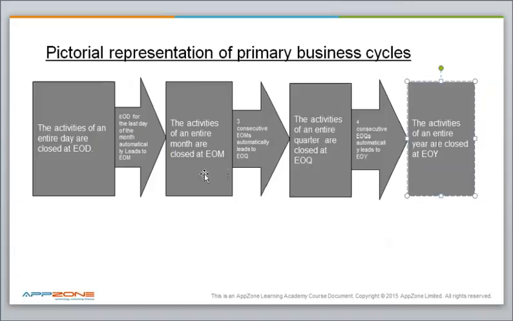At the end, these business cycles assist a business or an organization to generate what is called trend analysis, because where you have your records daily, monthly, quarterly, yearly, it assists in the analysis of the trend of the business.